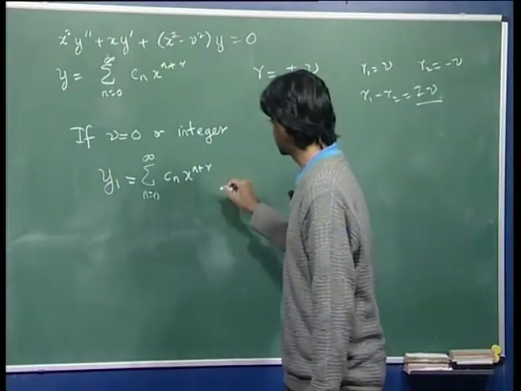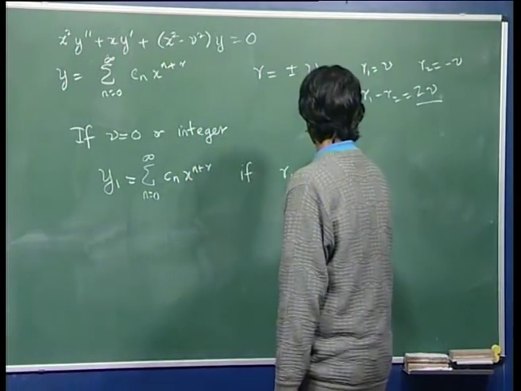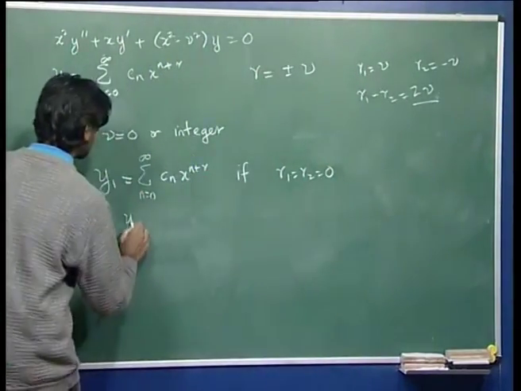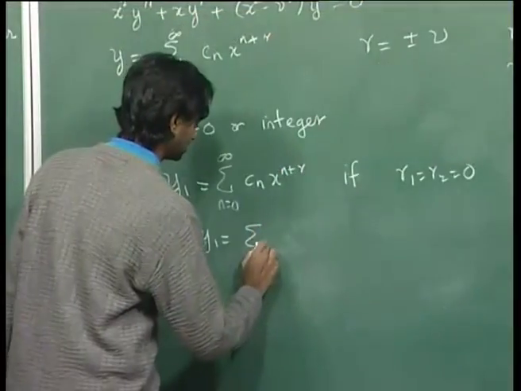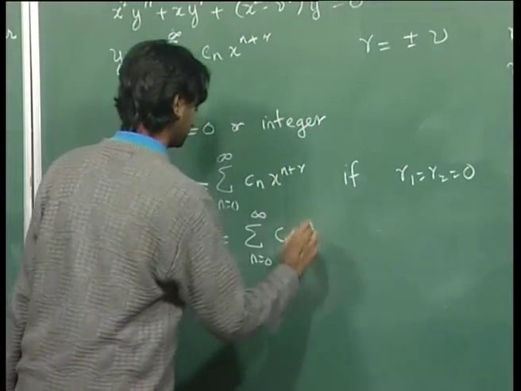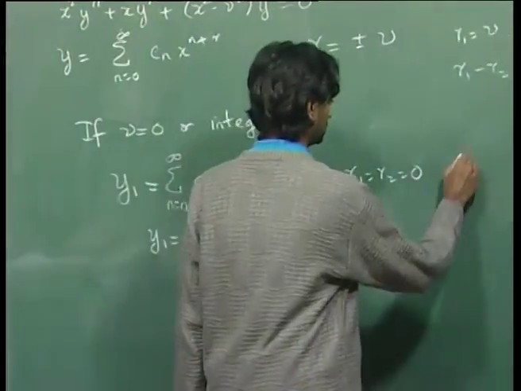Or in this case, if r1 equal to r2 equal to 0, then y1 is equal to sum over n equal to 0 to infinity Cn x raised to n. Okay. So, this is the case when nu equal to 0.